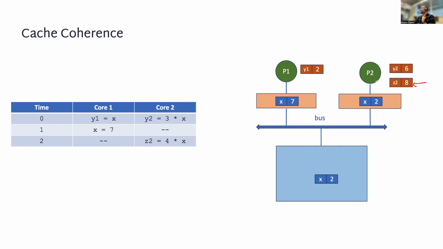Why? Because the second processor gets its data from the cache, because the data is available in the cache. So it's 8. But the answer should be 28, right? Because we updated x here and we want to have x updated everywhere. So why is z2 not 28? Anyone know that? It's quite simple.